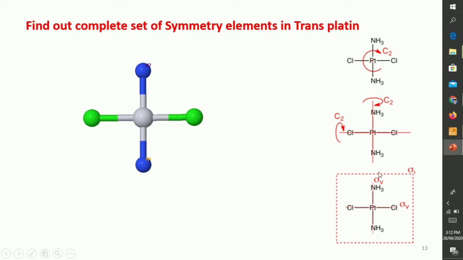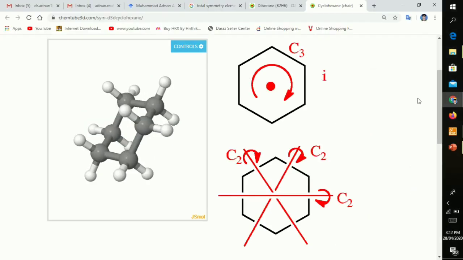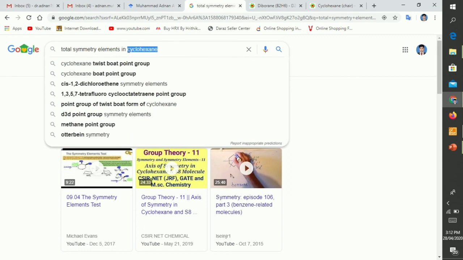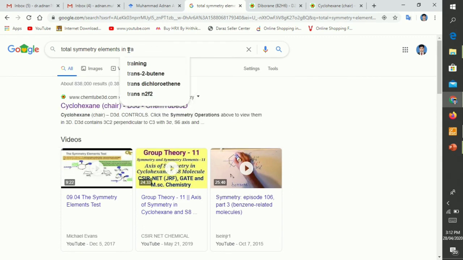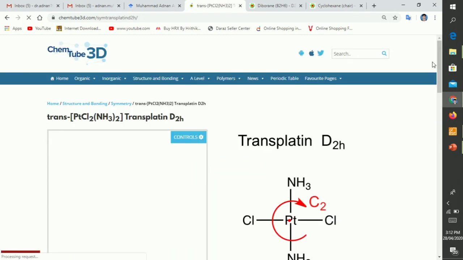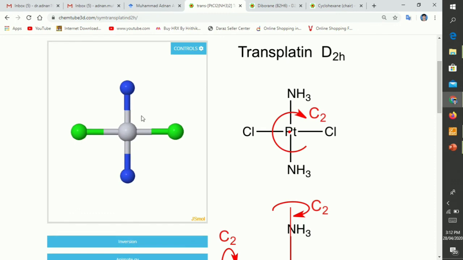with an inversion center. For a better understanding of this molecule, we need to study the three-dimensional structure of transplatin. Yes, here you can see this is the molecule of transplatin.